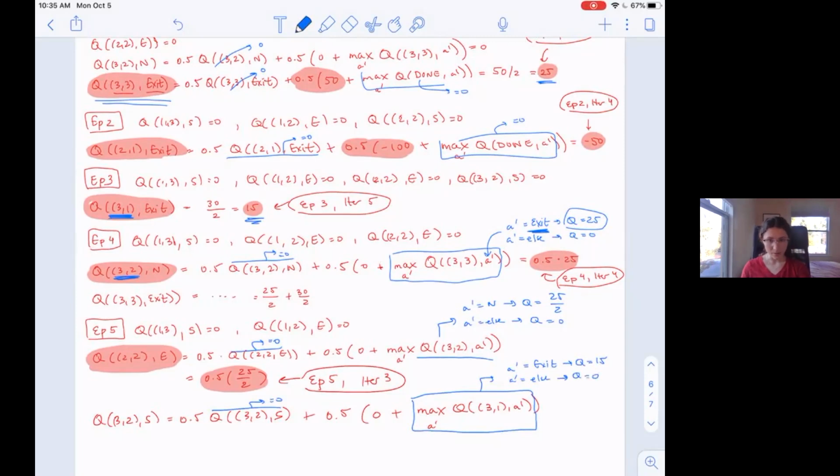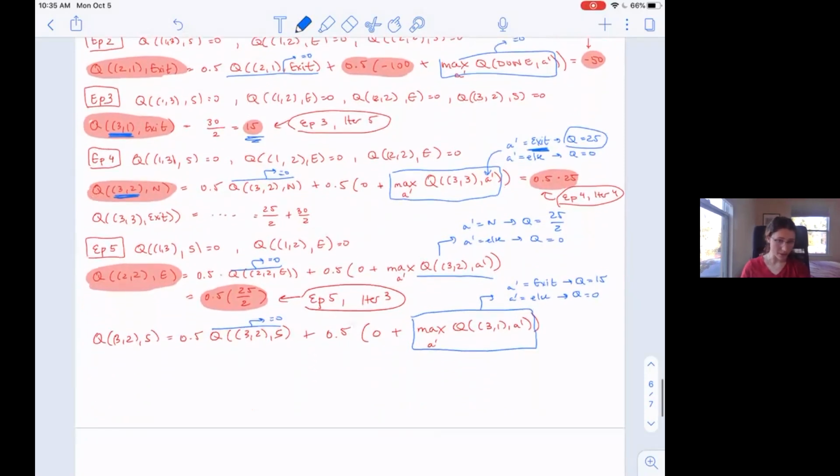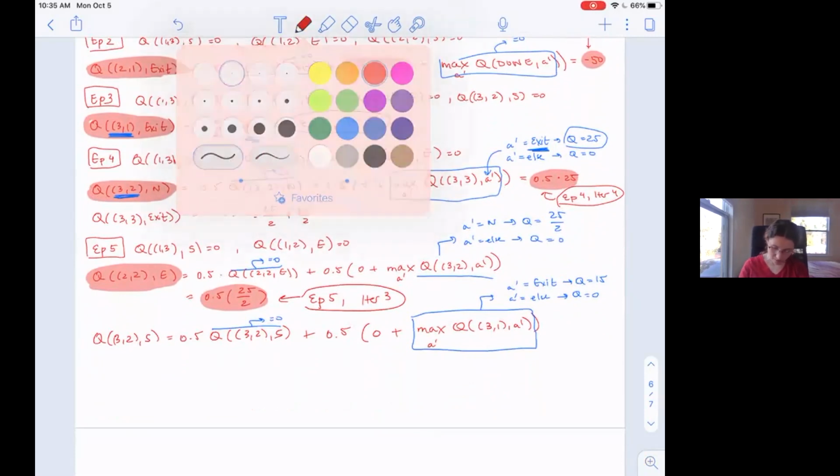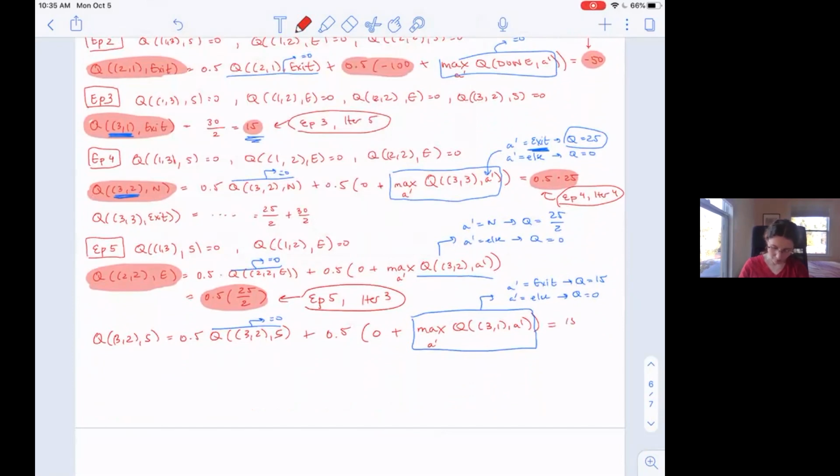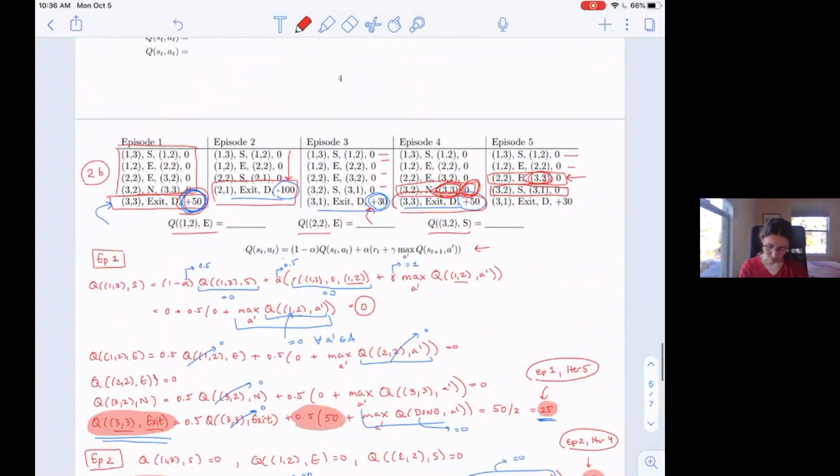So to maximize, what are we going to do? Well, we're going to take the action exit here. And so this is going to give us a final non-zero Q value of 15/2. So this is going to be episode 5, iteration 1, 2, 3, 4.